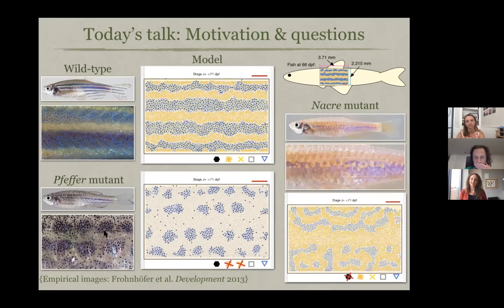In contrast, you want to reproduce realistic variability in your stochastic simulations, but you don't necessarily know what that variability should be, because in the literature, oftentimes you only see one or two characteristic examples of that pattern mutant shown. So you don't really know what the variability is. So what we'd like to do is kind of move past these qualitative comparisons and develop methods for quantitatively describing these fish and understanding the variability that emerges from the cell interactions.